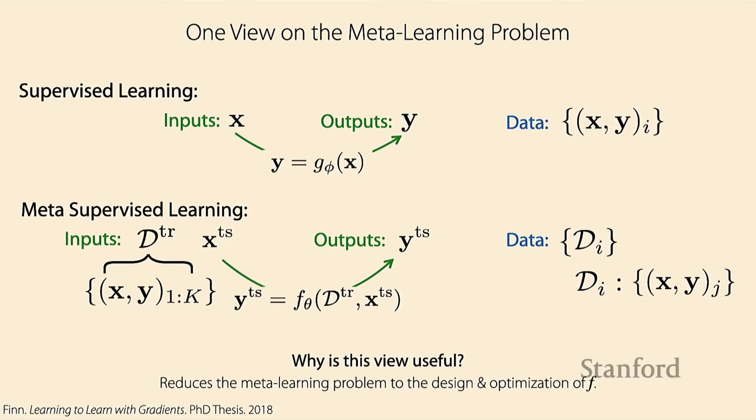Cool, and so one thing that's nice about this kind of view is that in order to implement a meta-learning algorithm, all we have to do is design this function f that can read as input a data set, and then optimize that function f. Essentially in this lecture and the next 2 lectures, we're going to be talking about different ways that you can design and optimize this function f.